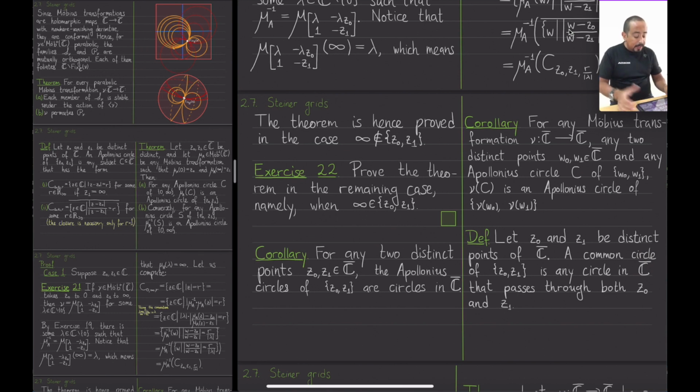And all the preparation for this definition was simply the fact that this definition is given so that these circles can be obtained by taking any Möbius transformation that sends 0 to this one and infinity to this one, and then mapping the circles passing through 0 and infinity through that Möbius transformation.